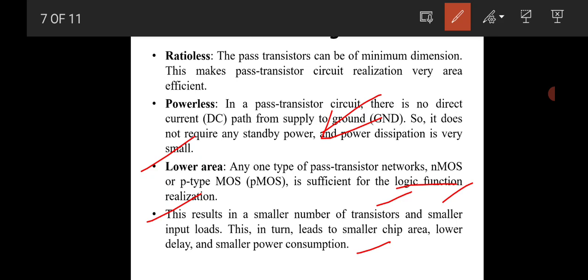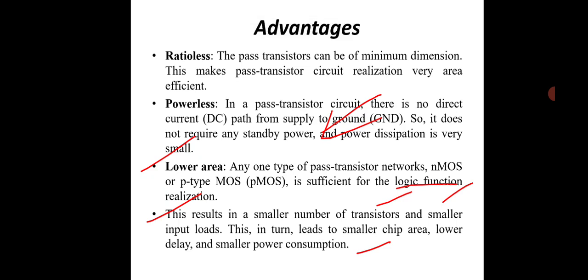So coming to the next one, what are the advantages of the pass transistor? First one is ratioless, powerless, lower area. Ratioless means that we don't have to maintain any pull-up and pull-down resistance ratio. Powerless means that in the pass transistor we don't have any static power dissipation, and a short circuit path cannot exist in this case.